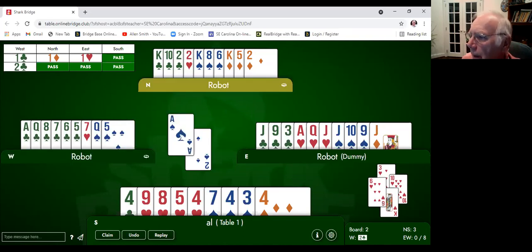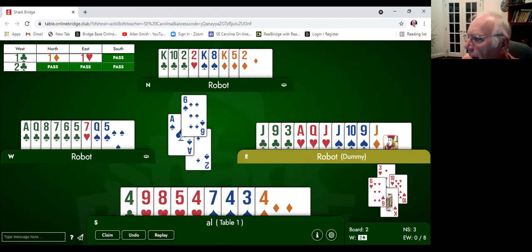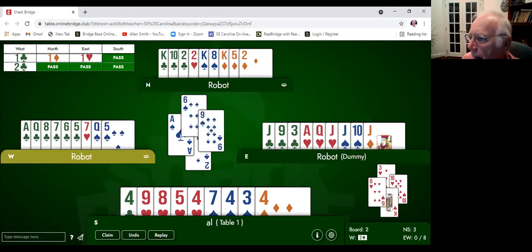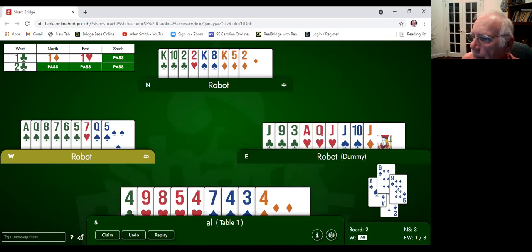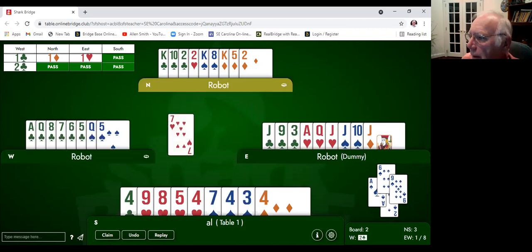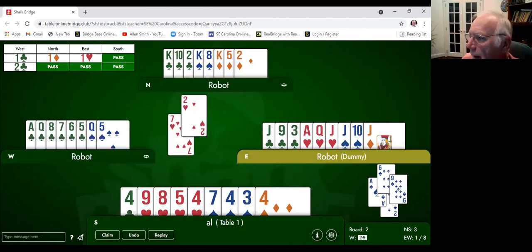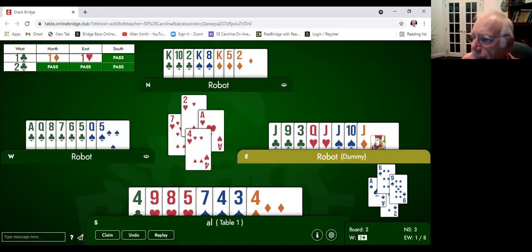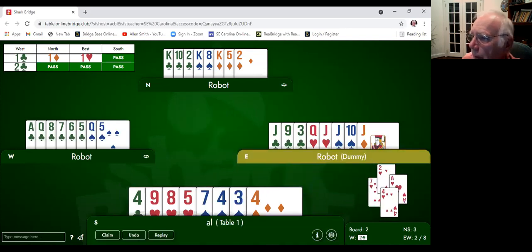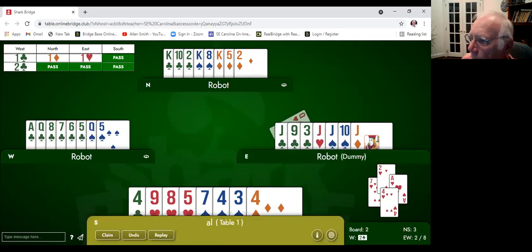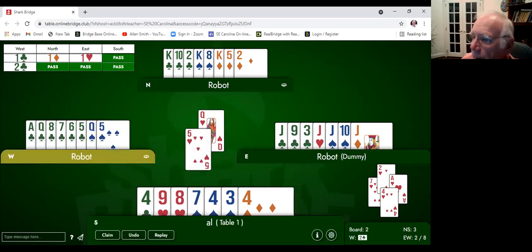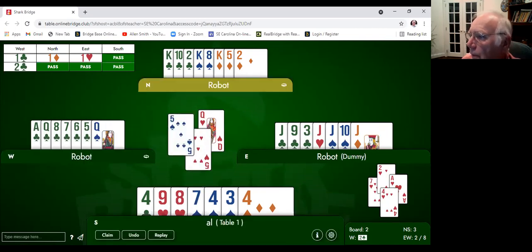Our partner plays the 6, and the declarer now says, well, I'm going to try to come over here and get to the hearts. And he plays the ace. Now he says, I'm going to hope that the remaining hearts are split such that I can throw away my two losing spades. So he leads the hearts, throws away a spade.